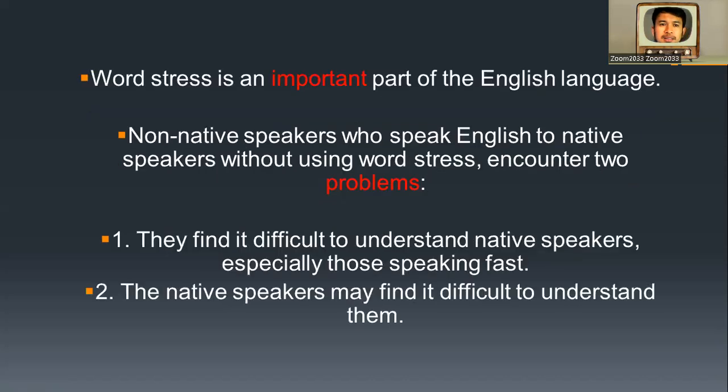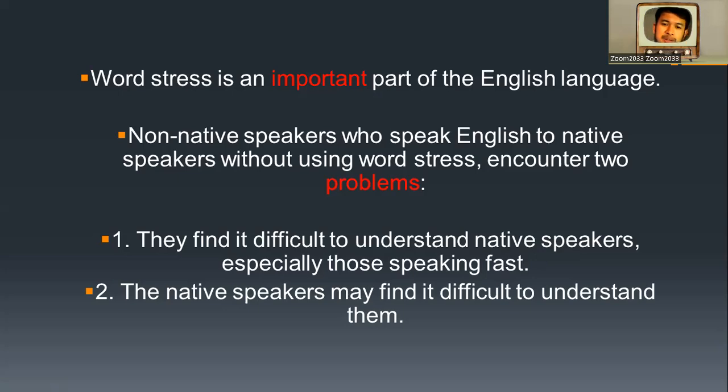Word stress is an important part of the English language. As non-native speakers speaking English to native speakers without using word stress, we will have two problems. The first is that we find it difficult to understand native speakers, especially those speaking fast.